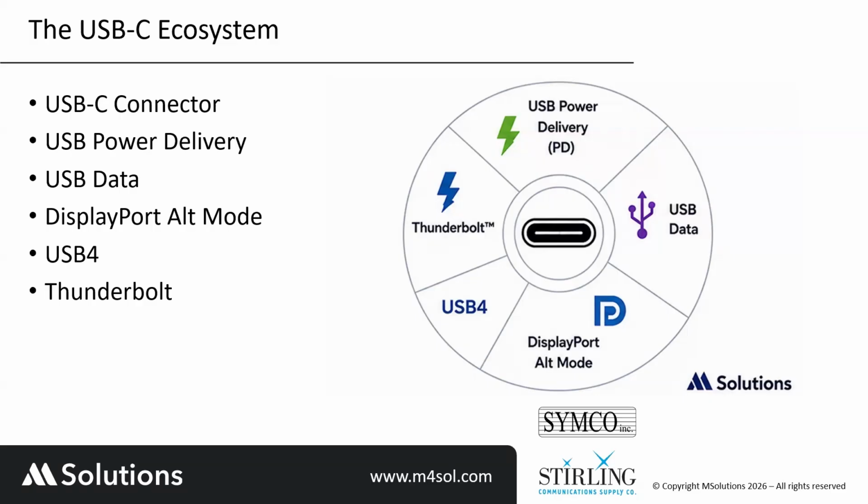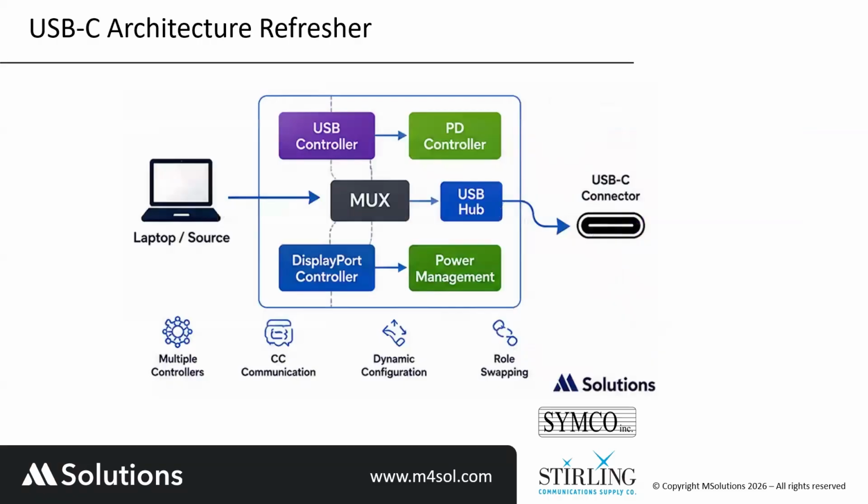Understanding this is the key to avoiding many of the interoperability and compatibility issues in professional AV. The connector is standardized. The functionality is not. And this is something that we're seeing a lot. The connector of the USB-C and the wiring inside are standardized, but the functionality is not.